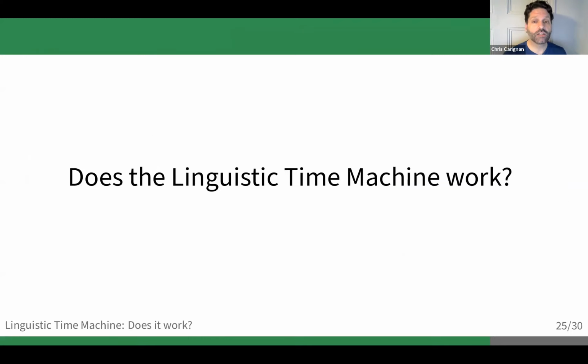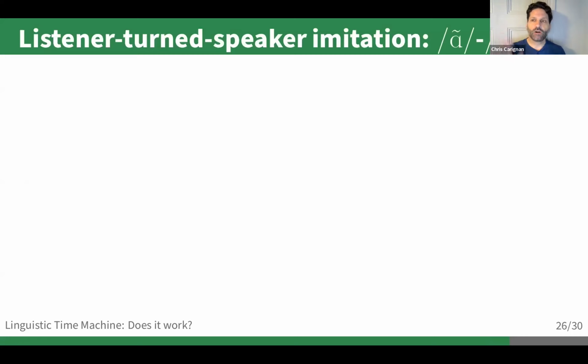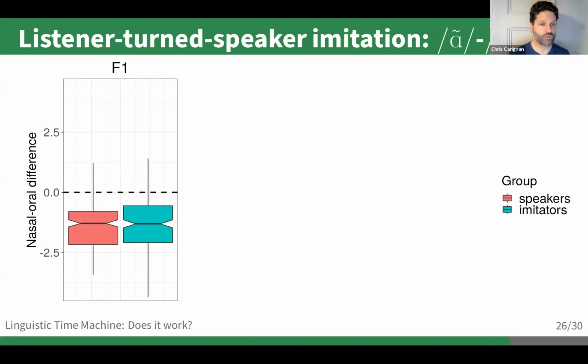Okay, so does it work? Does this time machine do anything? Again, we're just looking at this low vowel pair today. First, I'm going to show you the F1 results. So the F1 results are the same. What we're looking at here are differences for this low vowel pair. I've drawn this horizontal dashed line at 0, where that is the exact same measure between the oral and the nasal vowel.